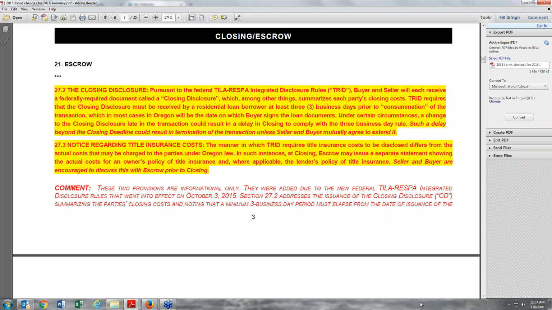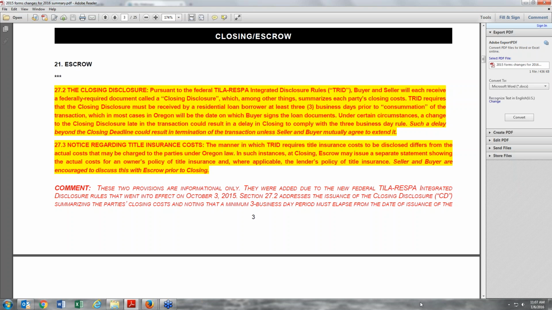All right, so in any event, what we've got here is a provision that is more advisory than anything else, that says that if the closing disclosure is delivered within the 3 business days prior to consummation, it's going to have to push out that closing date. Now, the word consummation is a TRID term.